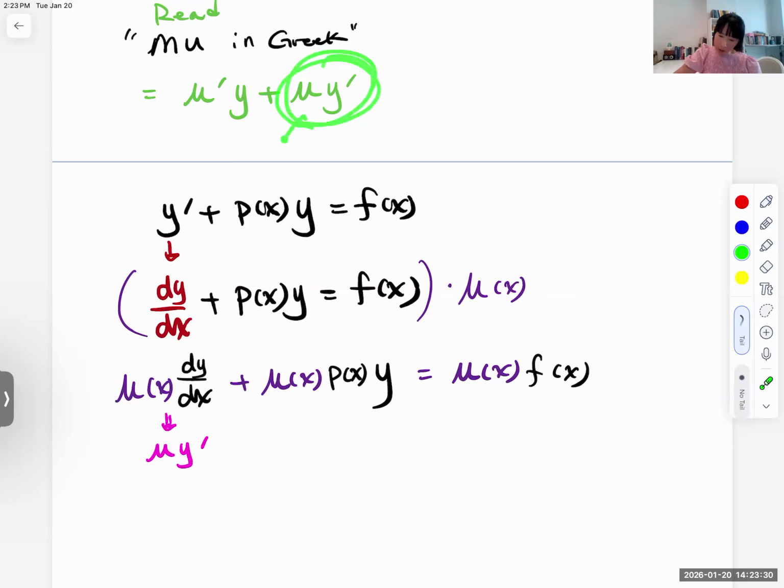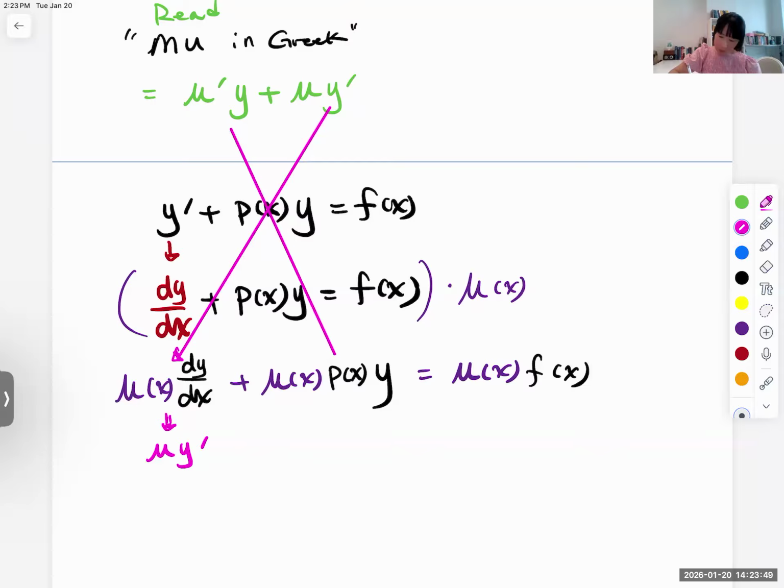Since we have mu y prime, I want to make this one as here. So then mu prime y.